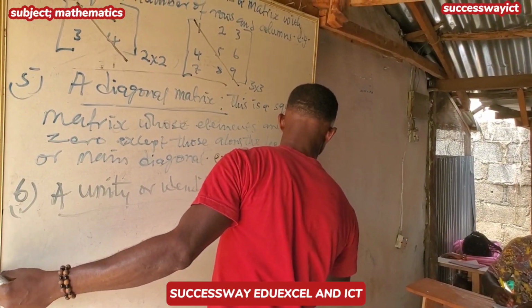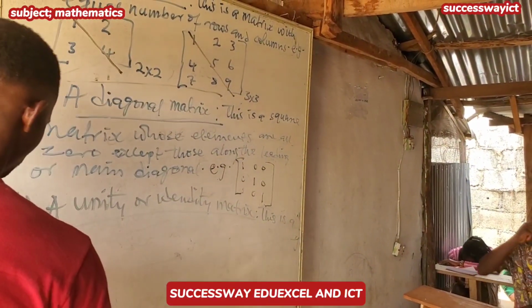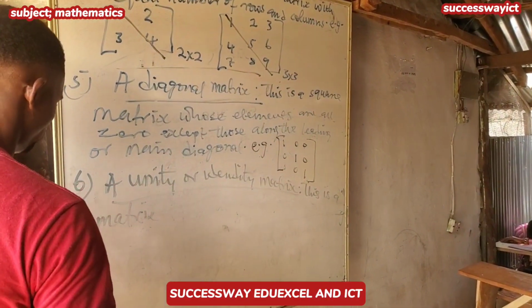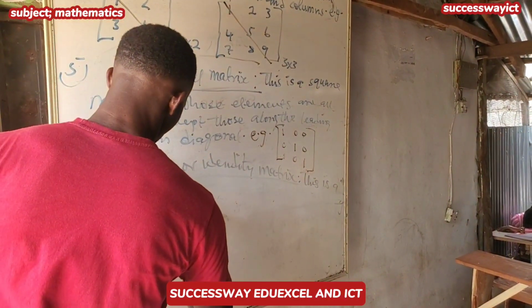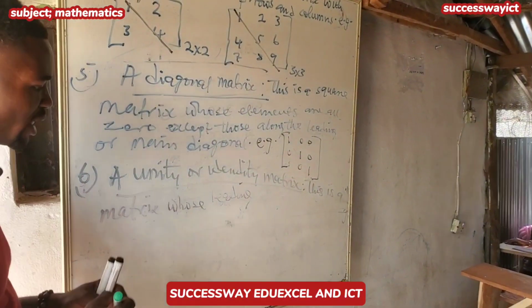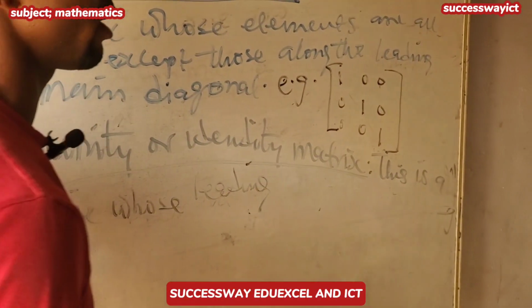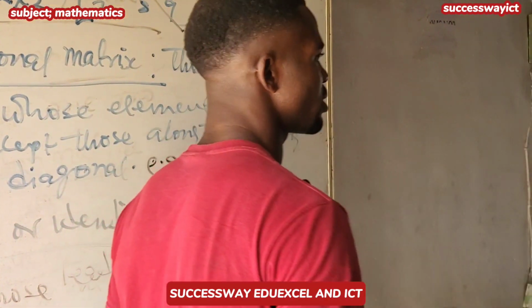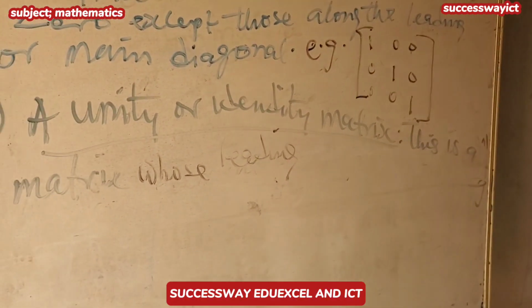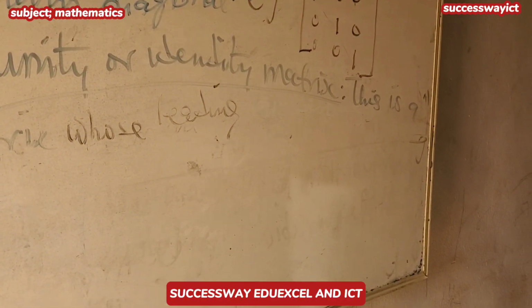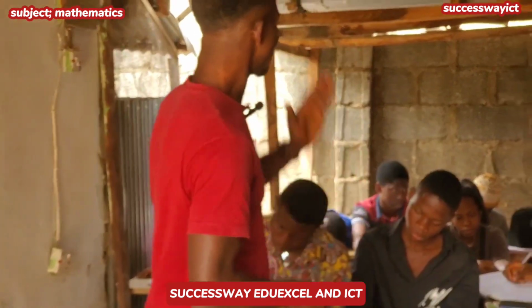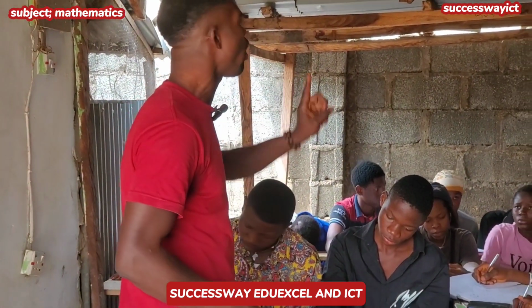This is a matrix. The unity or identity matrix is a type of matrix whose leading diagonal, or main diagonal, elements are the same, or one.